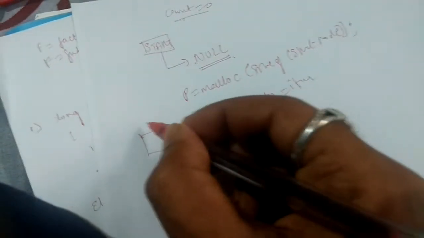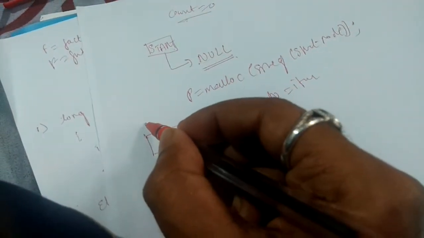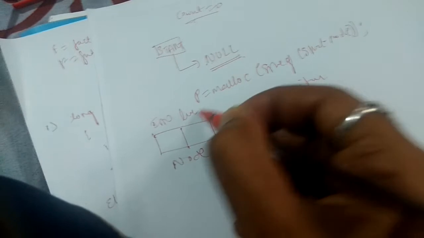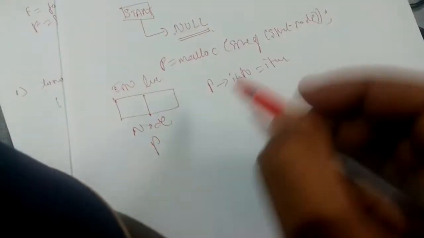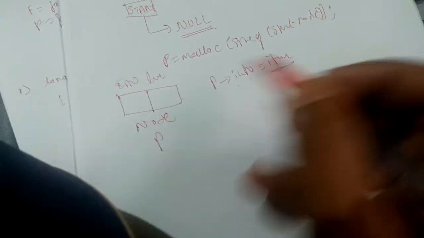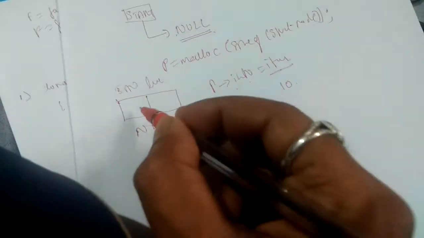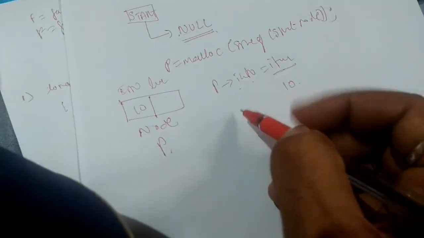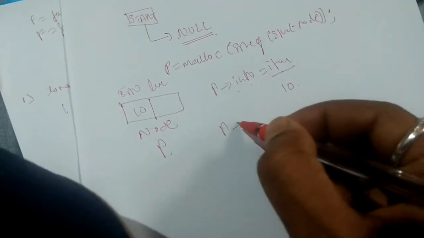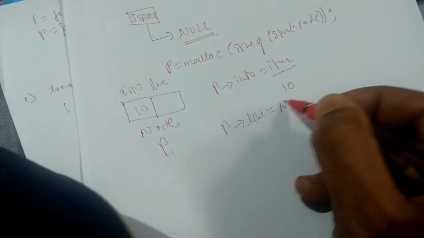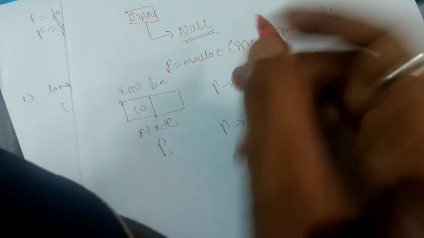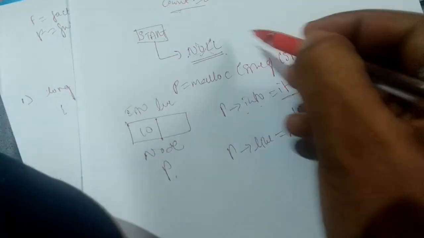So each node is divided into, as you know, an info part and a link part. Using p, this pointer p is created. So p of info is what? Item. P of info is item. What you entered for the first node is 10. Next, p of link is equal to null. So this node is created. We will initialize it, now it goes null.